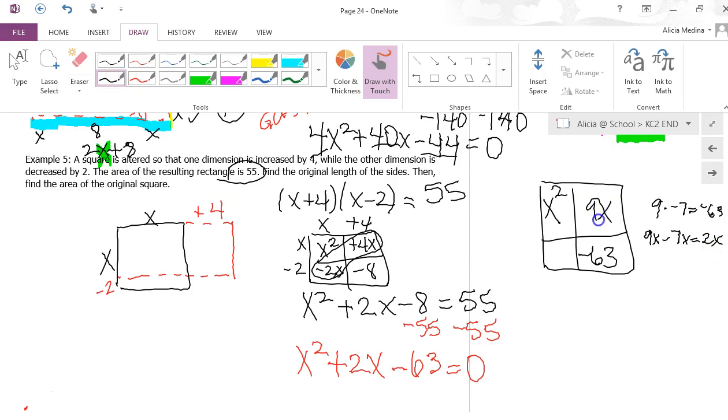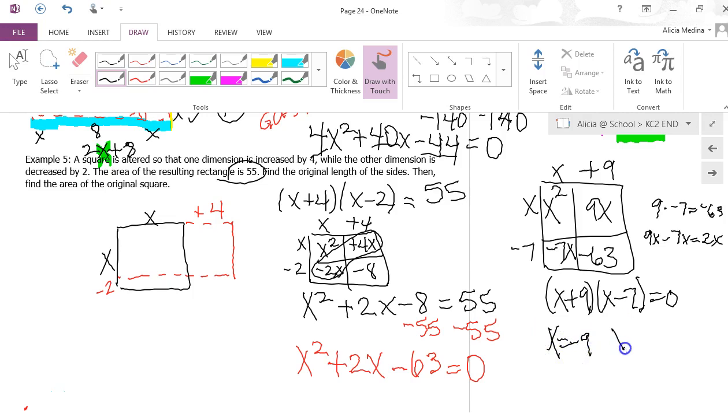So 9x minus 7x makes the outsides of my binomial x plus 9 and x minus 7. X plus 9, x minus 7, all equal to 0. So my x-intercepts would be a negative 9, and x equals a positive 7. But remember, I cannot take negative answers, so my x is just a positive 7.